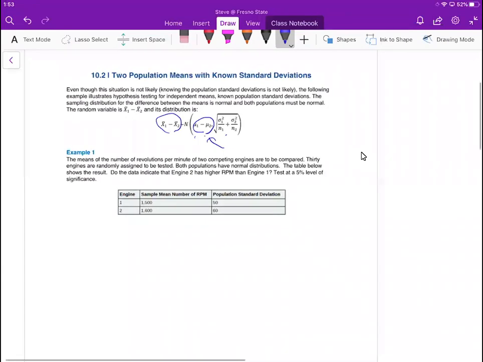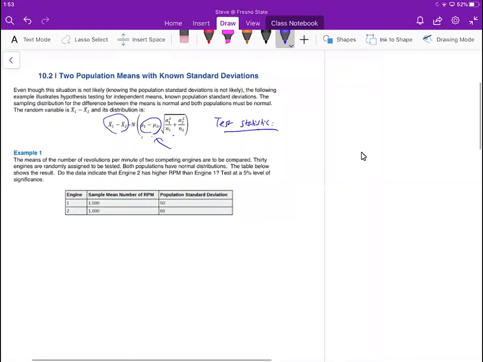So one thing that we have to note is that the test statistic, and we're going to call this in this section z, is x1 bar minus x2 bar divided by the square root of this whole thing. Okay, so keep this in mind.